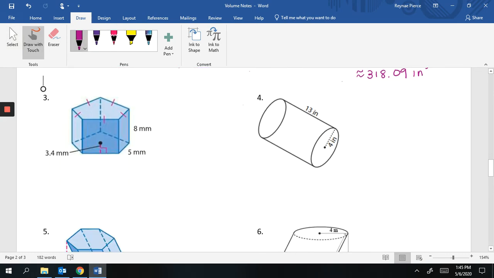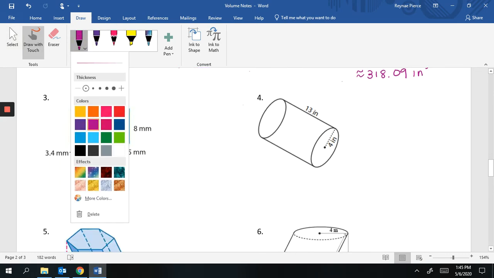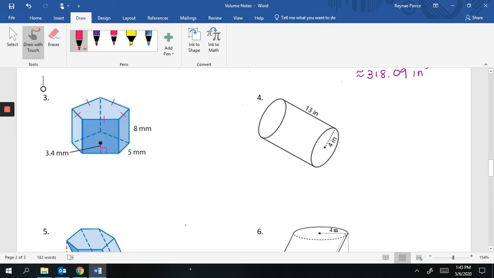Example 3, I've got a pentagonal prism. The base is a pentagon, because the bases are pentagons. For any regular polygon, we use 1/2 a s n.